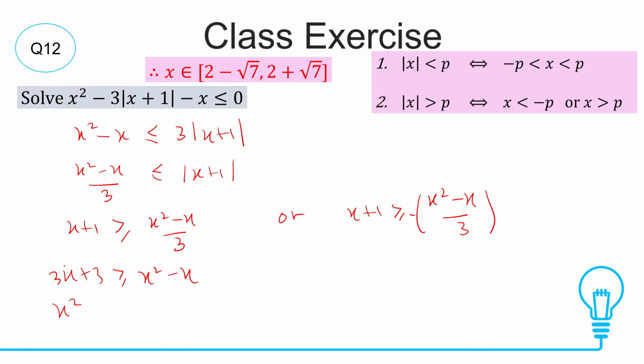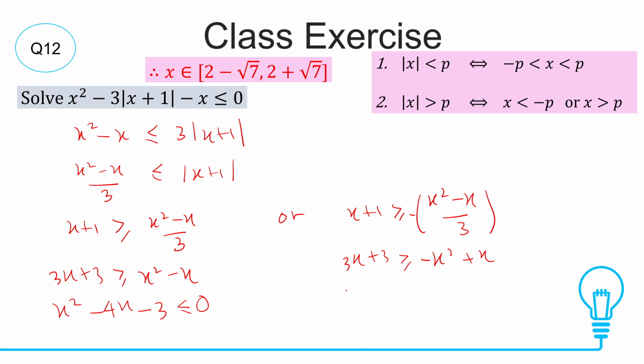So I have an x squared, shifted here is minus 4x, and this one shifted here is minus 3, less than 0. And then this one becomes 3x plus 3 minus x squared plus x.